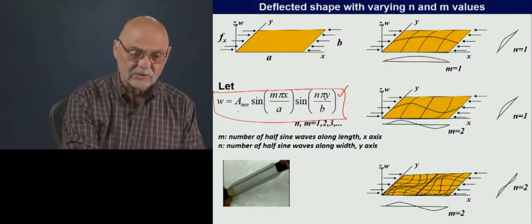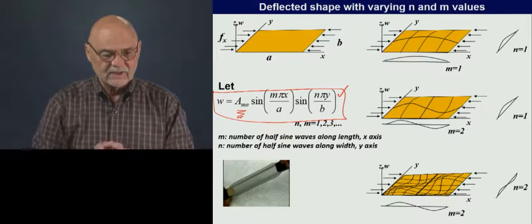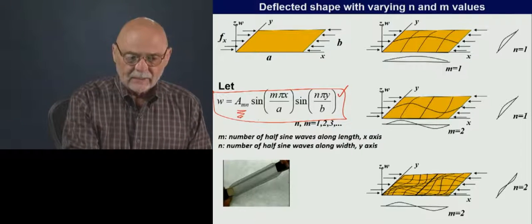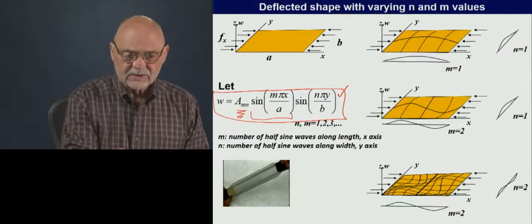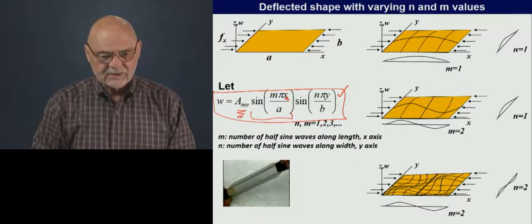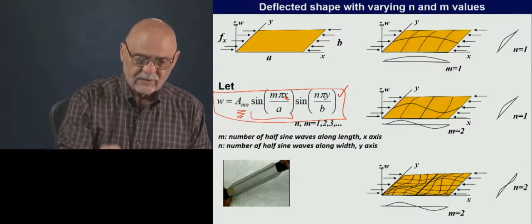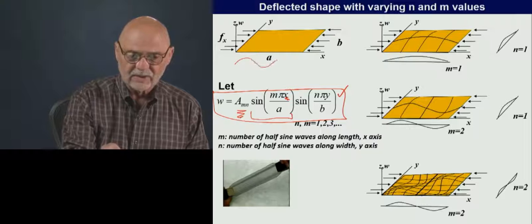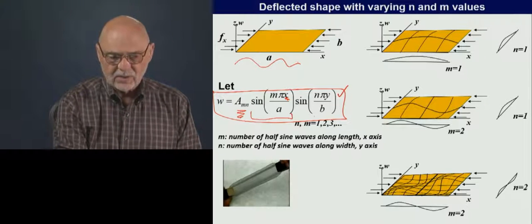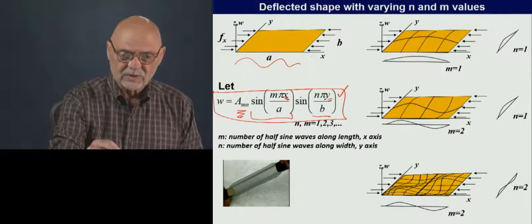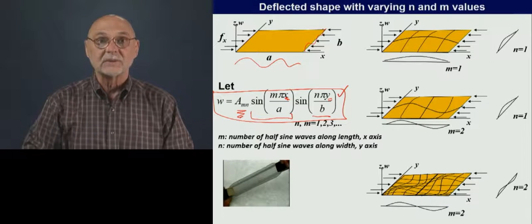Here's just an amplitude. How big is the deflection in general? This is varying with x, so it's like the sines going along the length of the plate. And this quantity is varying with y, so it's like the sines going in the other direction.